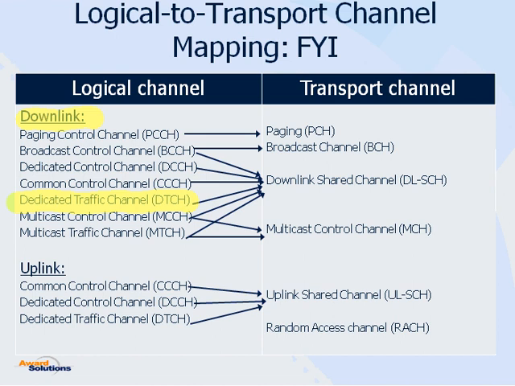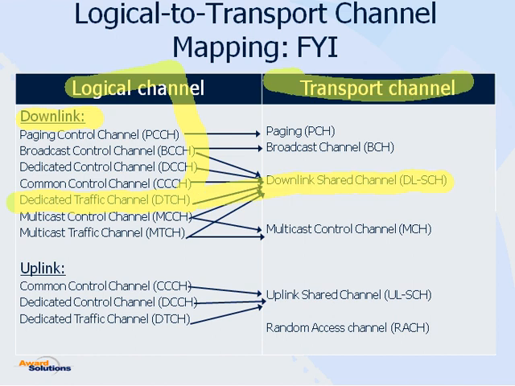The type of information. That's why it is logical. Then we map that onto a transport channel called the downlink shared channel. In LTE, the name of our transport channel here is the downlink shared channel. In basic UMTS, it's called DCH, dedicated.